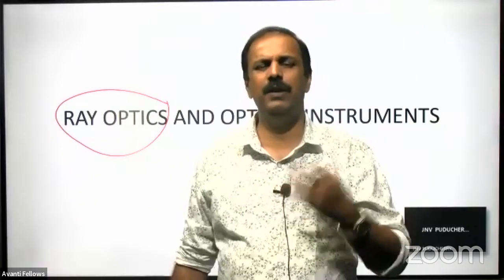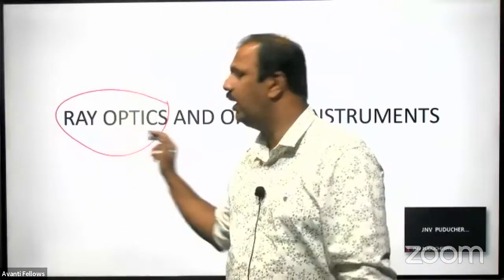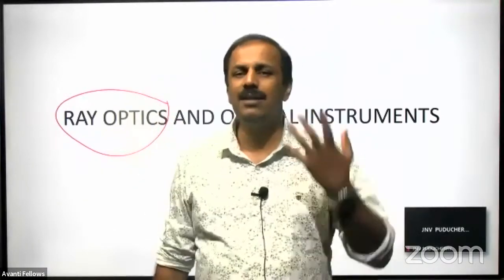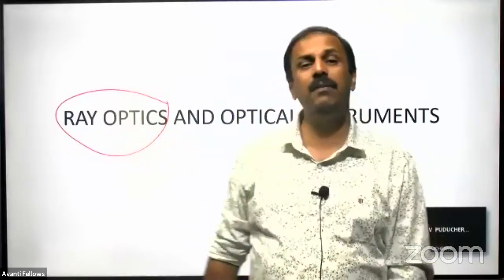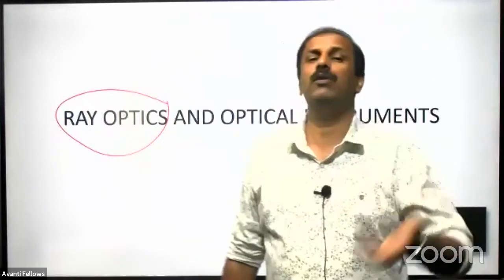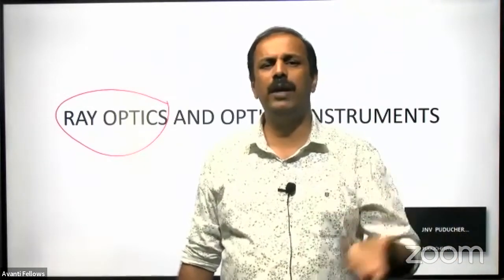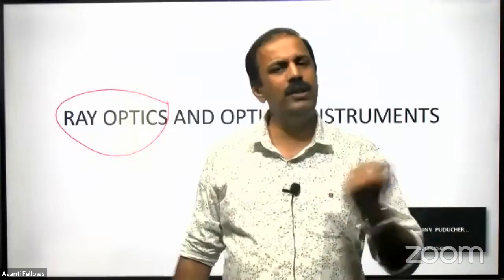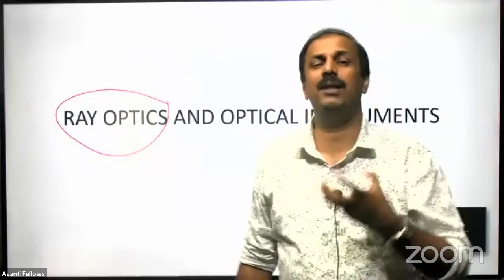All these things we can explain by considering light as moving in a straight line. So that's why we have the ray optics. And there are some things which we cannot explain using this ray optics. There we will use wave optics. That is the next chapter actually. That is just like interference, diffraction, polarization. So all these phenomena are actually related to light, but we cannot explain how it is happening.